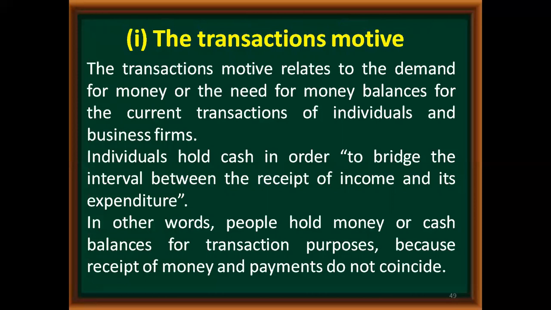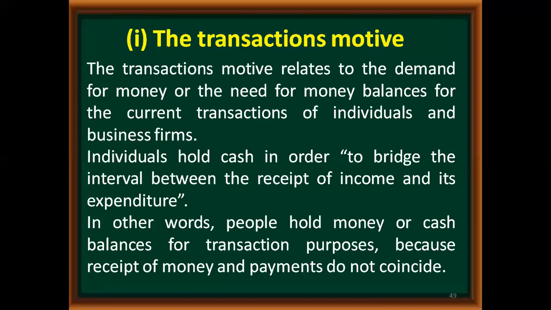So we receive income only once, and we have to spend for the entire month or entire period of 30 days. That means we get income at one point of time, and we have to spend it for an entire month or for a particular period of time. That is why we would like to keep cash with us.